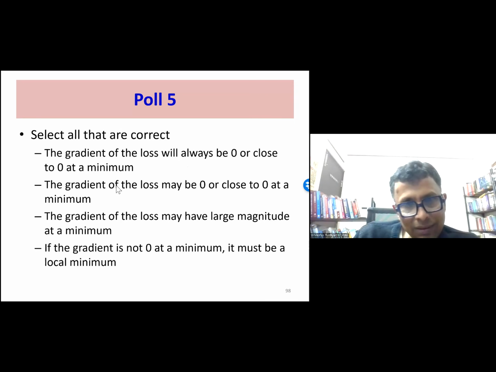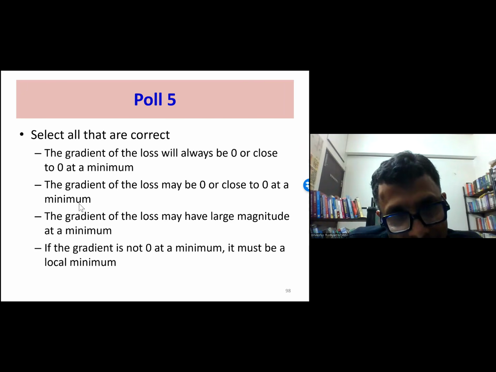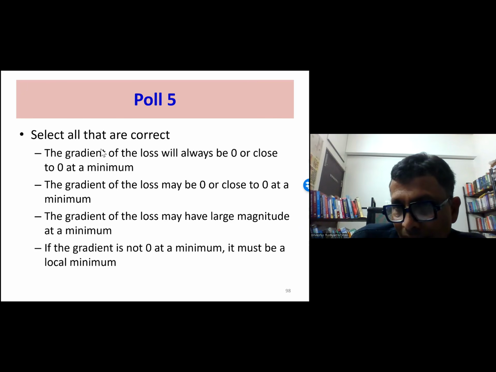The gradient may be 0 or close to 0 at a minimum. What about that? The first one is false, the second one is true.